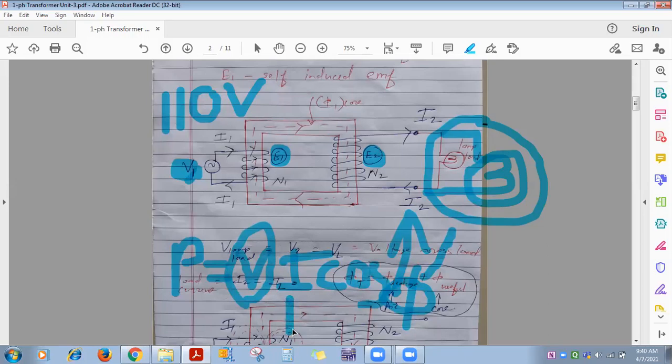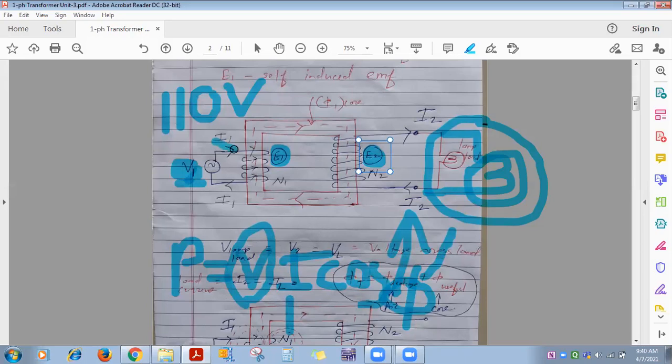So the formula for power is V I cos phi. V1 is constant, E1 is constant, E2 is constant. Voltages remain constant as you go on changing load from no load to full load. All these three voltages will remain constant. Load is increasing, and increased load requires more power. So what does the transformer do?